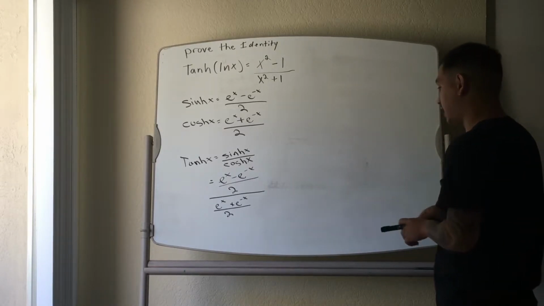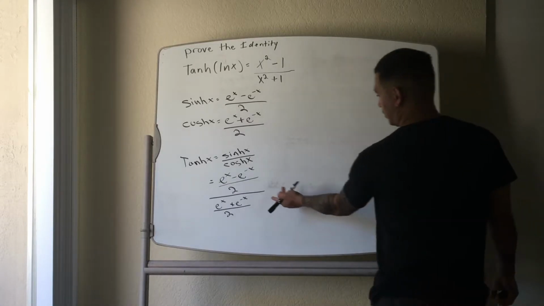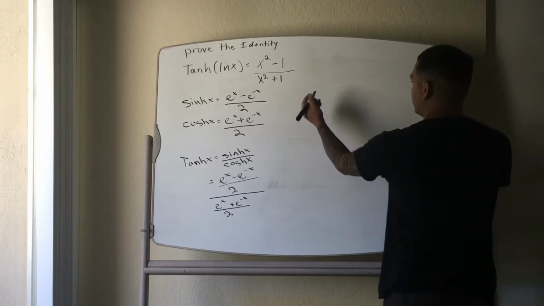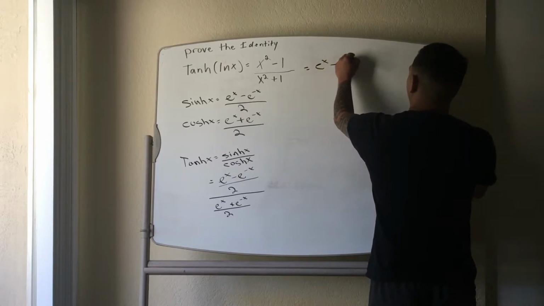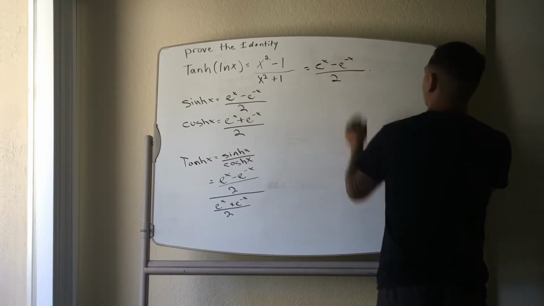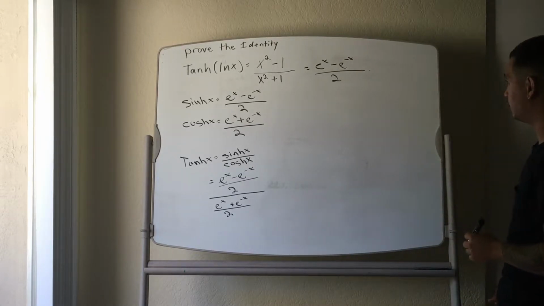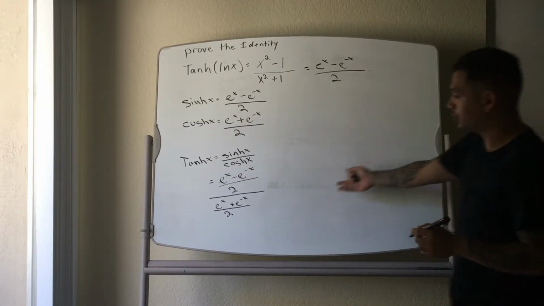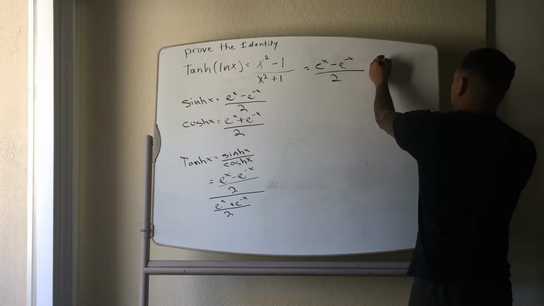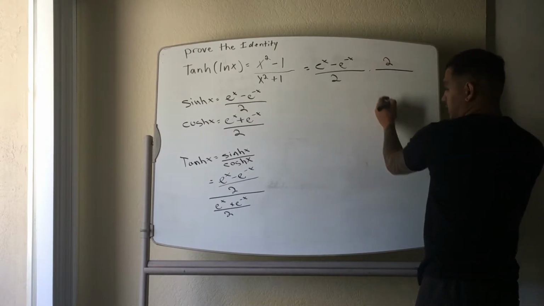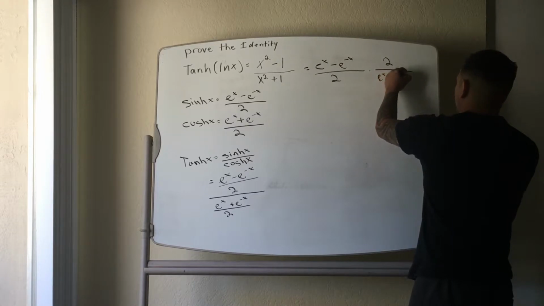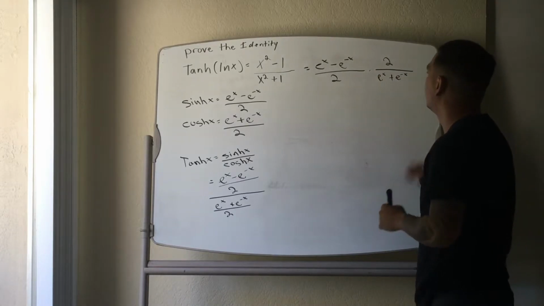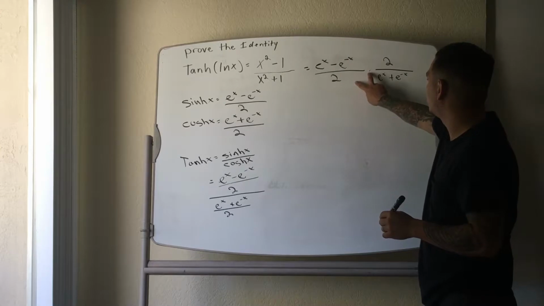So we know that. So what we could do is keep the numerator the same. So e to the x minus e to the negative x over 2. And we're going to multiply it by the reciprocal of the denominator. The reciprocal just means that we're going to flip it in layman's terms. And what do you notice?